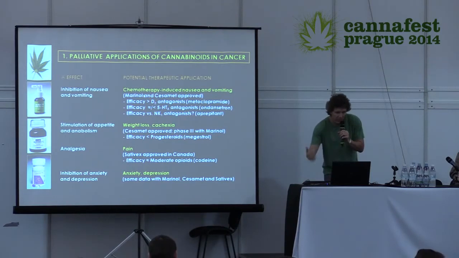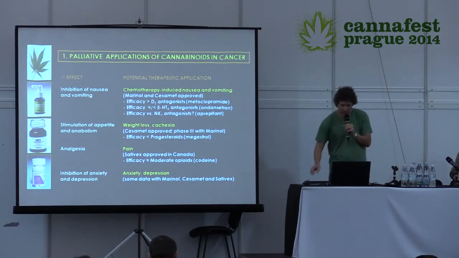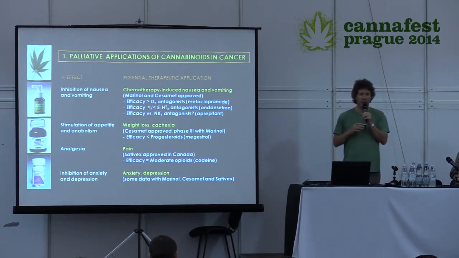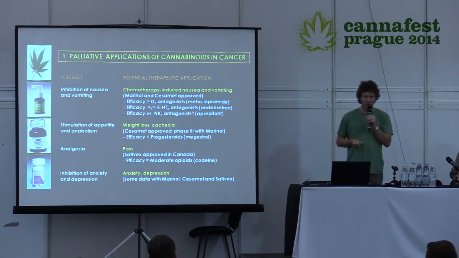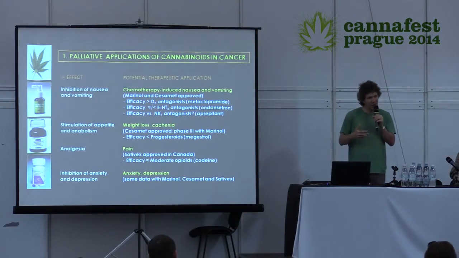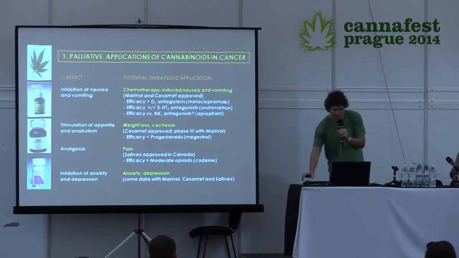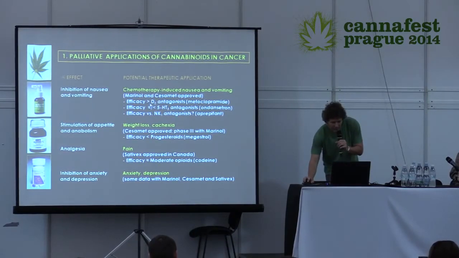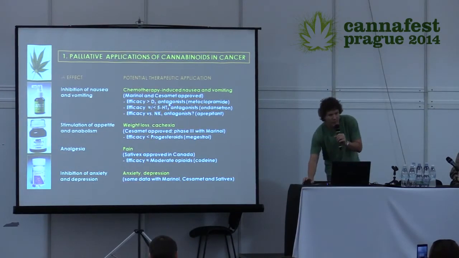For instance, in official medicine, Marinol and Cesamet are approved in different countries in the world, and medical marijuana as well. What is the efficacy of cannabinoids in this particular process? Are cannabinoids good anti-nausea compounds? Are they bad? Are they in between compared to other drugs that are currently used? So in general, we believe that cannabinoids are better than the classical antiemetic drugs called D2 antagonists.